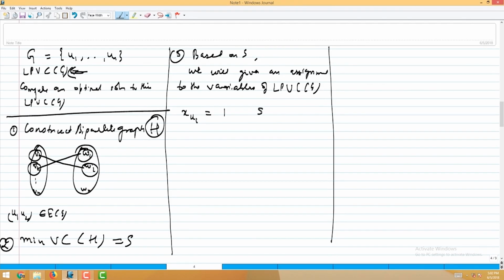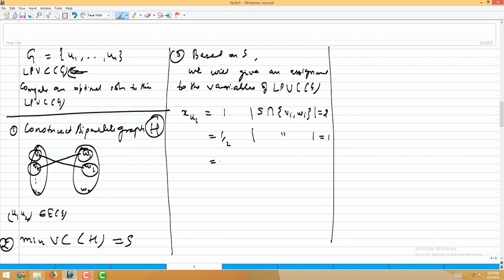And vertices of H correspond to vertices of G. For every vertex in G, I have 2 copies of that vertex. So I look at S and I look at all the vertices of G for which S has picked both its copies. For those vertices, I give them value 1. Look at all the vertices for which S has picked exactly 1 copy. For those vertices, I'll give value half, and the other vertices for which S has picked no copy, I'll give them value 0. That's my assignment.